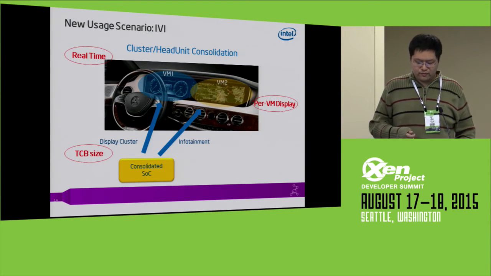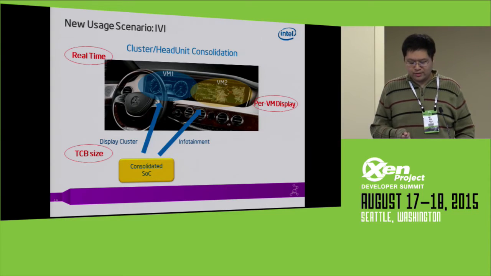In VM1, they just run some very basic programs to show the speedometer and also the engine RPM. And in VM2, they can show maps, GPS, and also play videos. So they want to use GPU virtualization technology to accelerate the program inside VM2 and provide a better user experience.